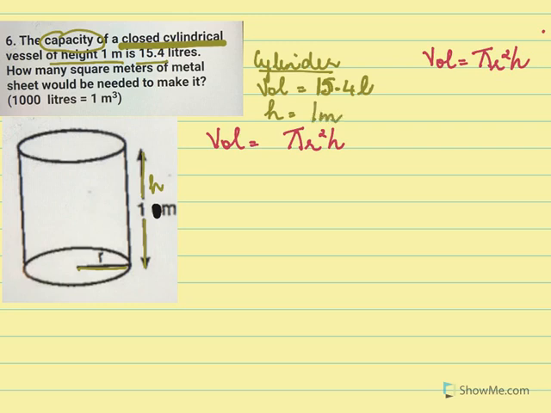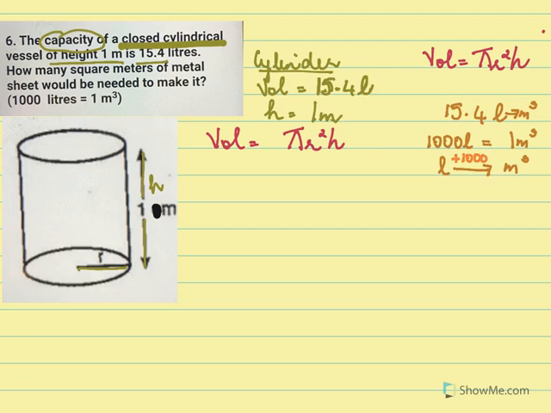So let's convert the 15.4 liters into meter cube. To do this, we must remember that 1000 liters equals 1 meter cube, which means if we want to change liters to meter cube, we need to divide by 1000.